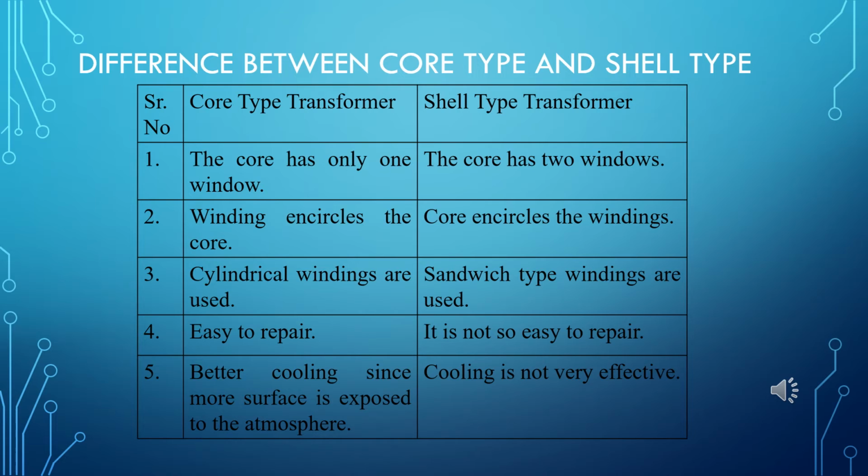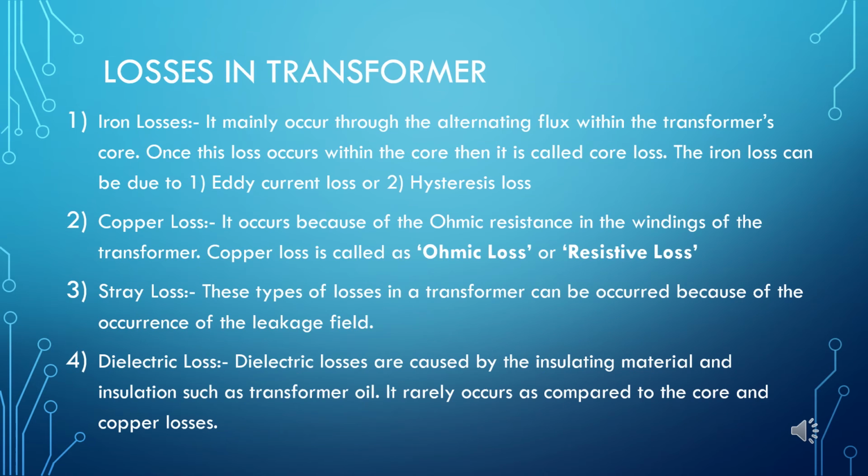Core type transformers are very easy to repair, whereas shell type transformers are not so easy to repair. The core type transformer has better cooling since more surface is exposed to the atmosphere, whereas cooling is not so effective in shell type transformers.